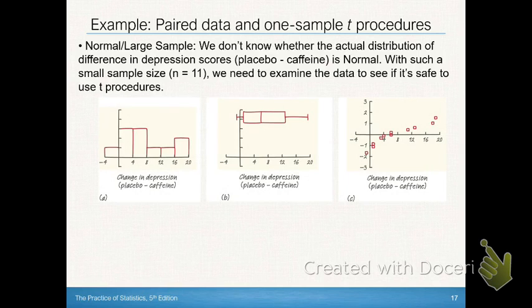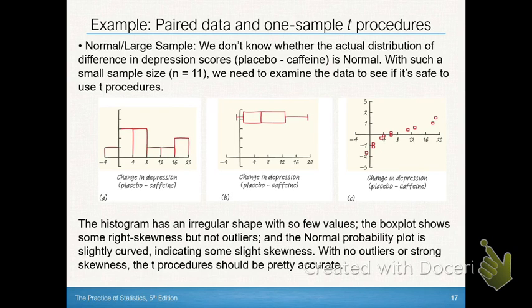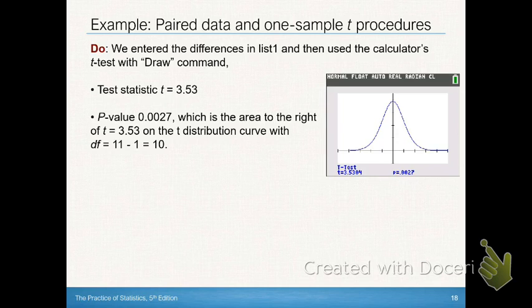So maybe a dot plot, a histogram, a box plot, a normal probability plot. Whatever we can do, we're going to take those 11 scores and plot them out. What we're looking for is no strong skew and no outliers. We don't see any of that in these data displays, so it should be safe to proceed on to our do step.